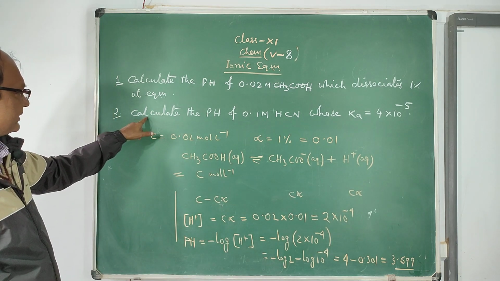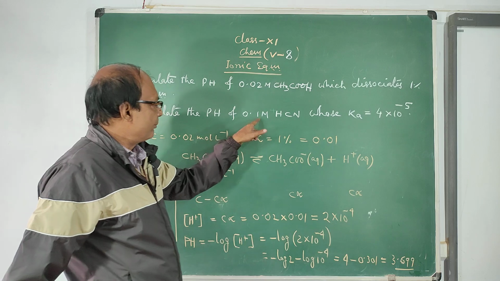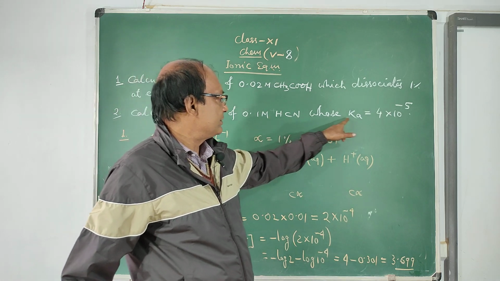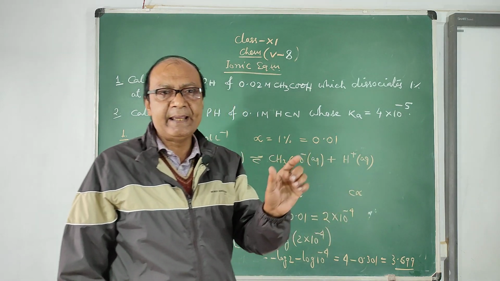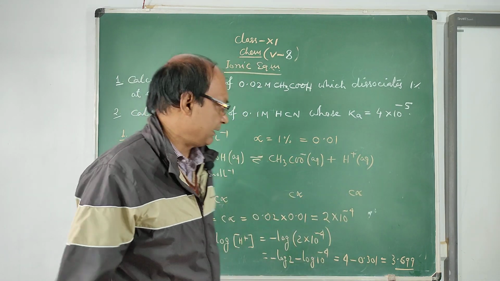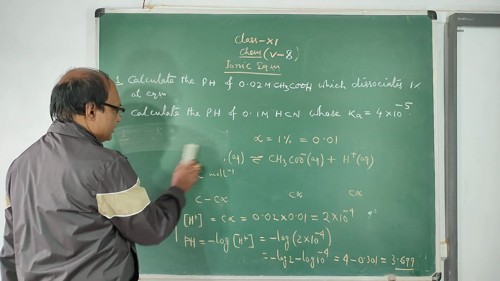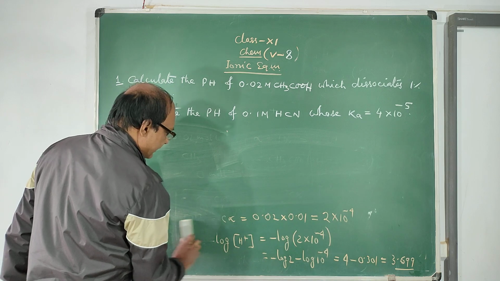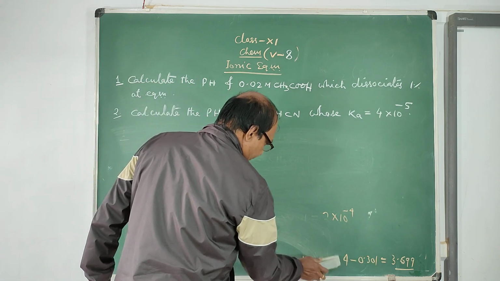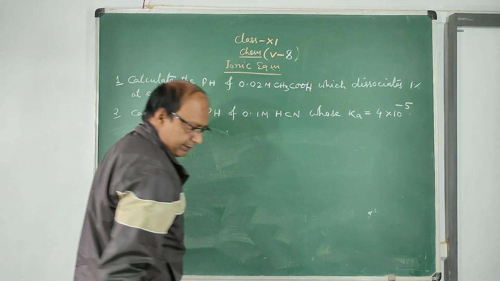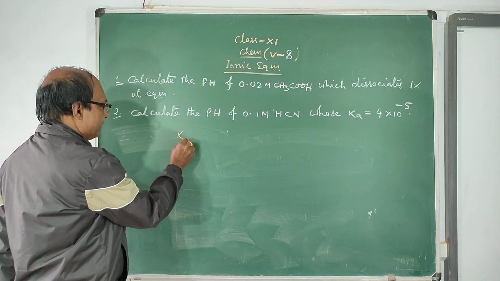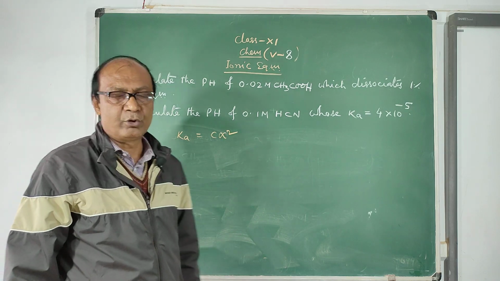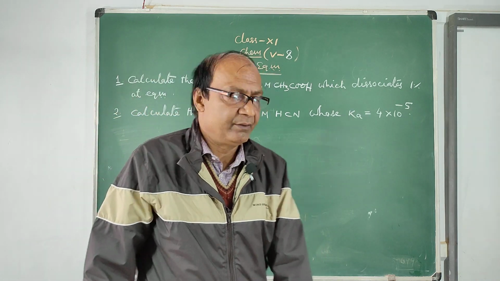Now see, another question is: calculate the pH of 0.1 molar hydrocyanic acid whose Ka is given. Ka is the acid dissociation constant. In the last class you have seen that Ka equals C alpha square for a monobasic weak acid.